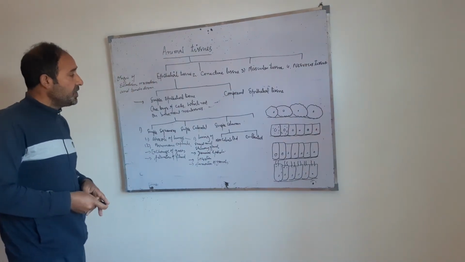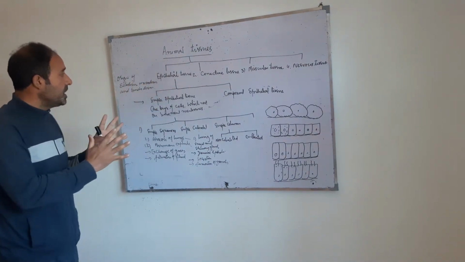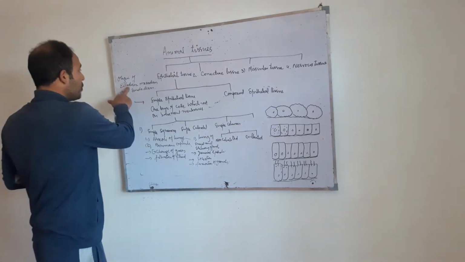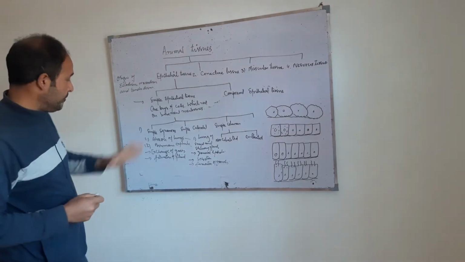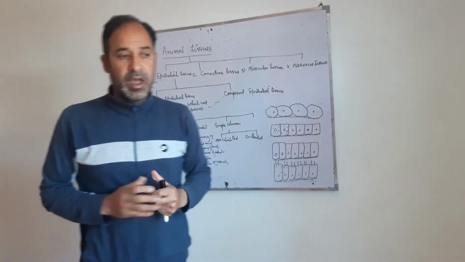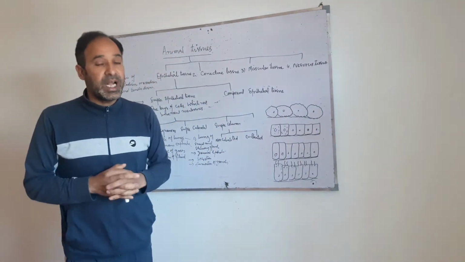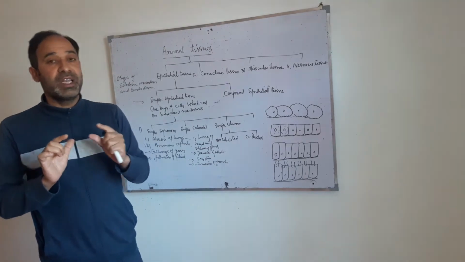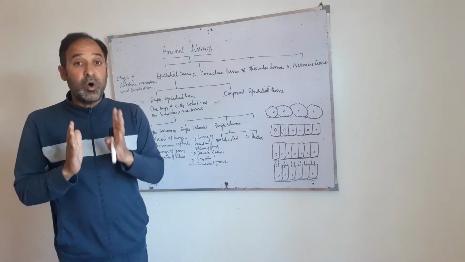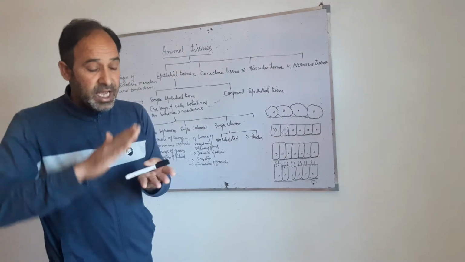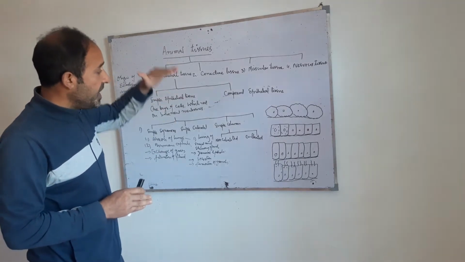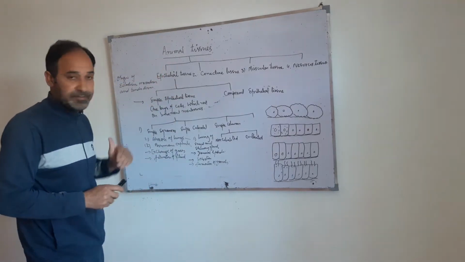What is epithelial tissue? It is formed from all the primary germ layers, that is ectoderm, mesoderm, and endoderm. What is epithelium? An epithelial tissue is composed of one or more than one layer of tightly packed cells which rest on an underlying basement membrane.